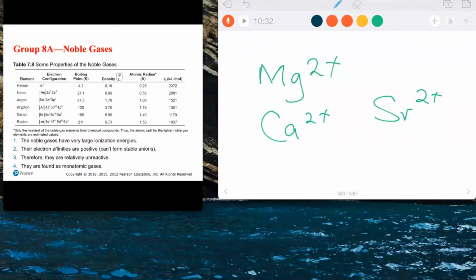Their electron affinities are positive, we cannot add an electron onto group 8.